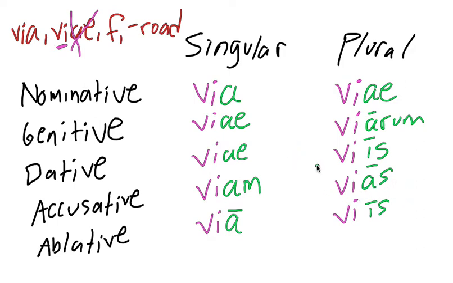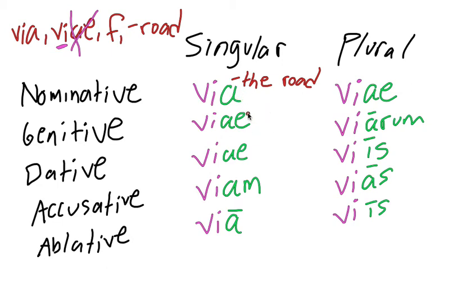Now let's talk about how to translate each of these forms. Each case has a standard translation. If we were just translating the nominative by itself, that would mean the road, or we could say a road, since Latin does not have any articles. Words like a, an, and the, you add in translation.